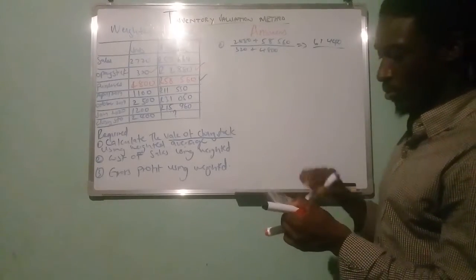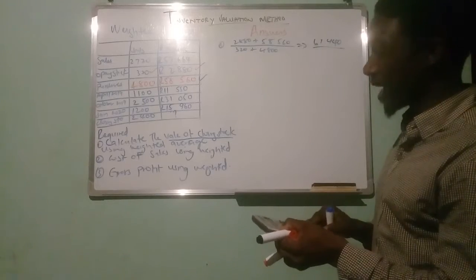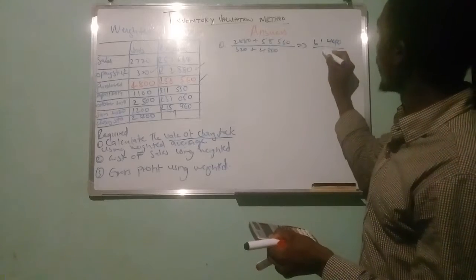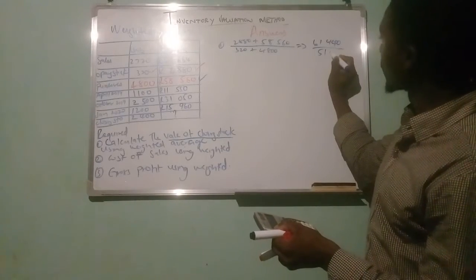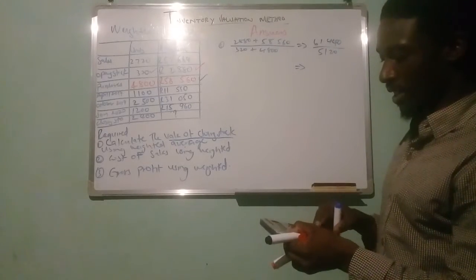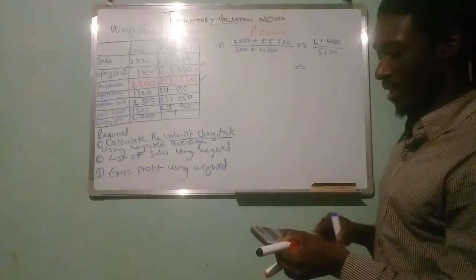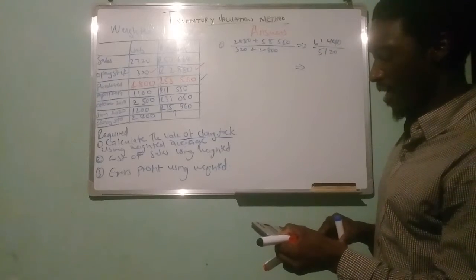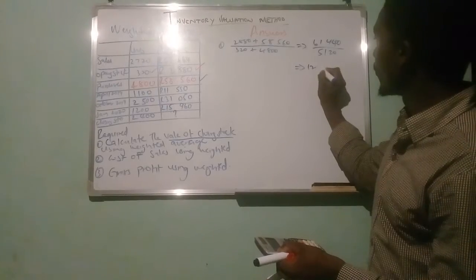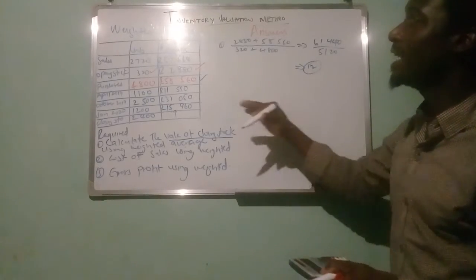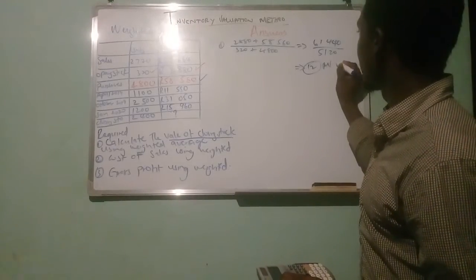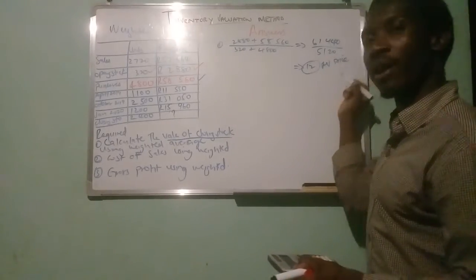For the denominator, 320 plus 4,800, all this amounted to 5,120. When we take 61,440 divided by 5,120, we get 12. So the 12 is what we call the average price.